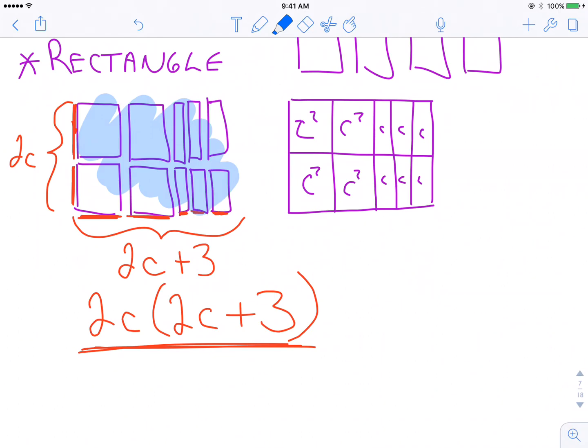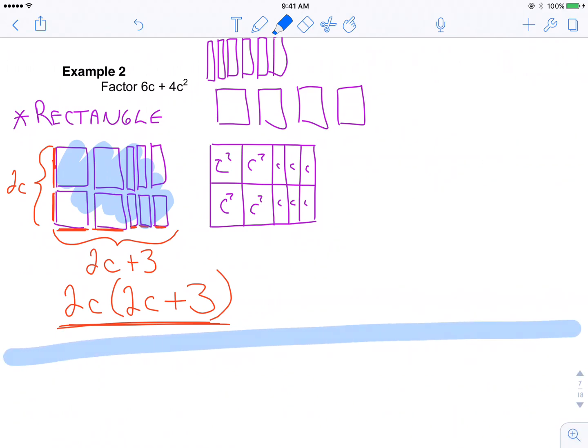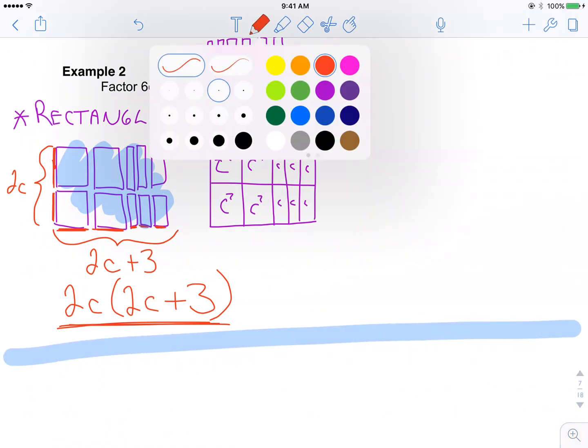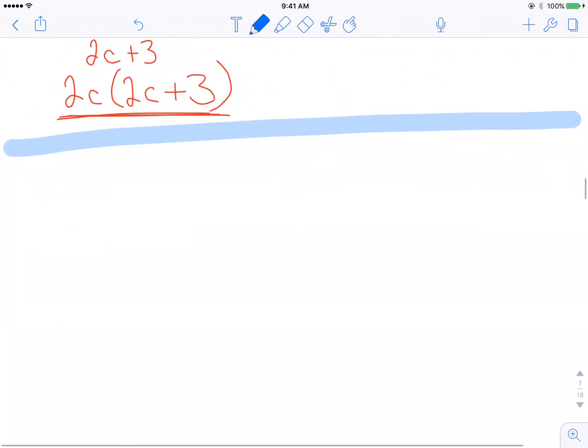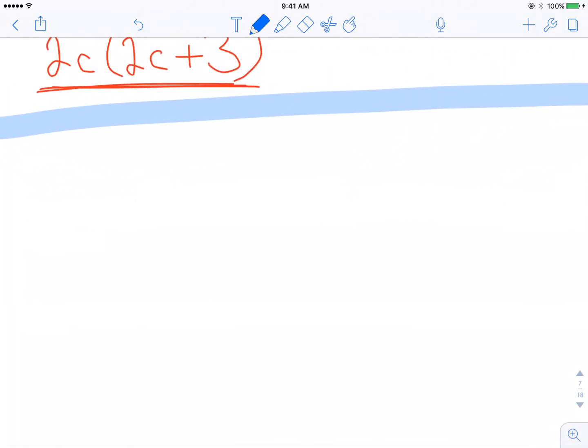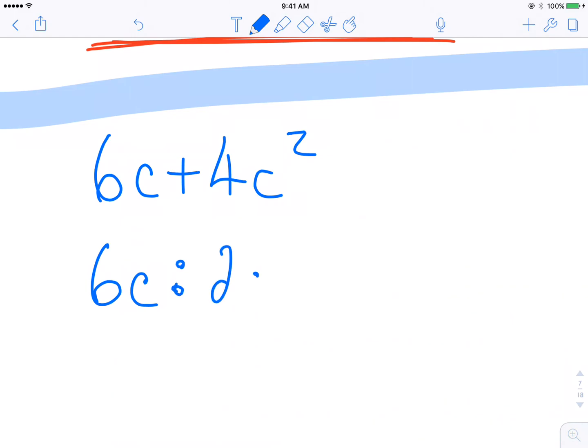Okay? Length times width. Now I'm going to factor that polynomial using greatest common factor. 6c plus 4c squared. I take my 6c, break it down into its prime factors: 2 times 3 times c.